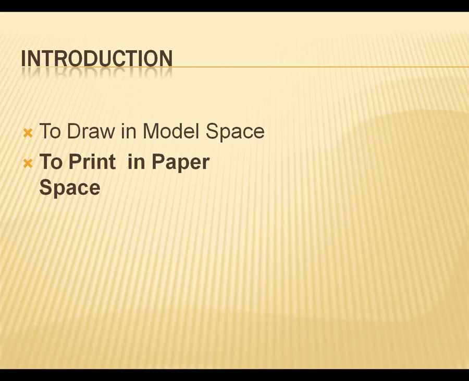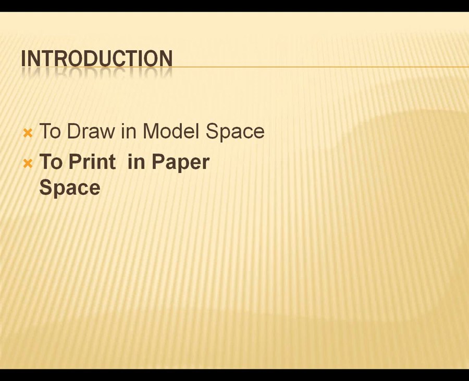In the introduction, I would like to highlight that in the two workspaces that you have in AutoCAD, in the model space mainly you draw and modify and create the dimensions and do the most important part of the drawing. And when you have to print is when you go into the paperspace.